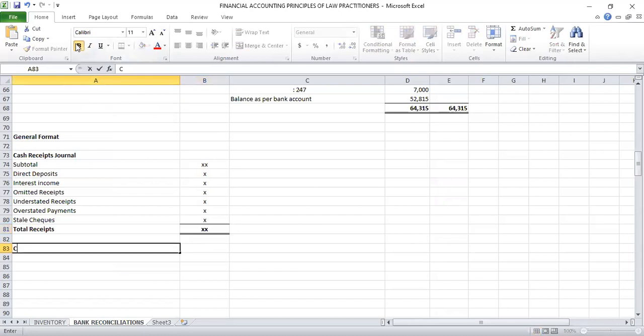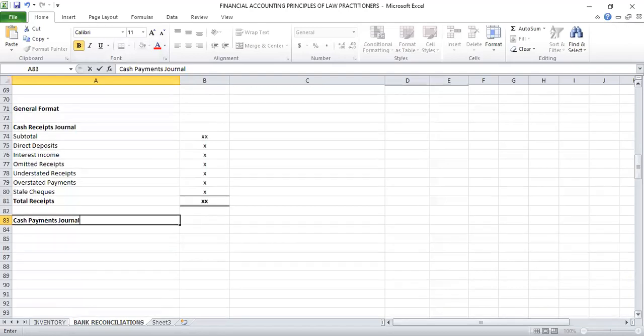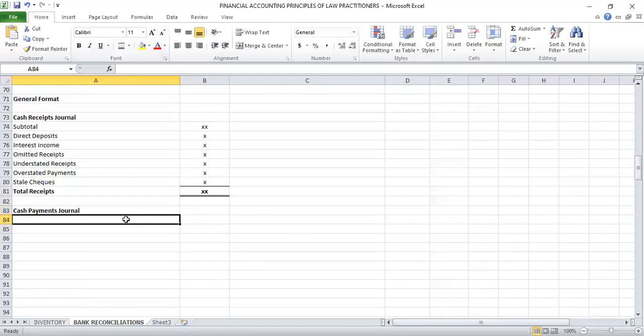Then we have our cash payments journal. Now with our cash payments journal, we also start with the subtotal. Right. Then we have got payments that are on the bank statement, which are not in the cash payments journal, like bank charges.